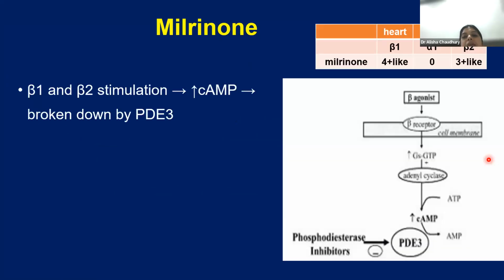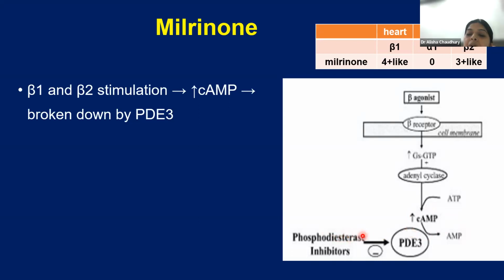Now, the next inotrope we need to talk about is milrinone. The thing with milrinone is that whenever a beta 1, beta 2 receptor beta agonist comes and acts on the beta receptor, it leads to increased cyclic AMP production. This cyclic AMP is actually broken down by the phosphodiesterase enzyme, the PDE3 enzyme.